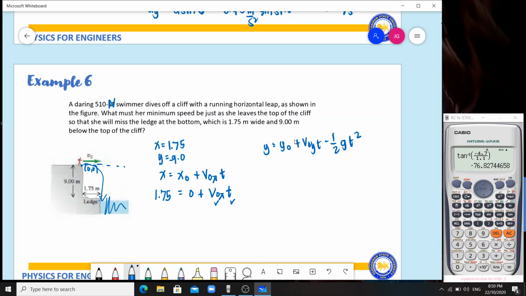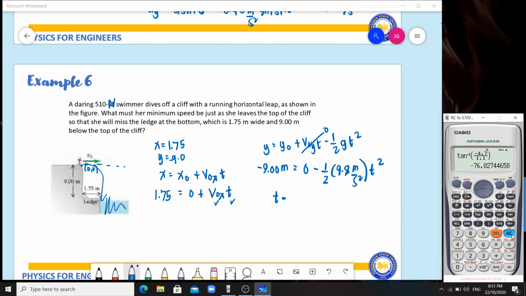Tignan natin dito. Dapat daw ang 9 meters siya, 9.00, okay, meters. Negative kasi pababa siya ng datum, equals 0. Wala siyang VOYT kasi sabi niya lang horizontal leap, okay. So, minus 1 half 9.8 meter per second squared t squared. So, makukuha natin yung time dito.